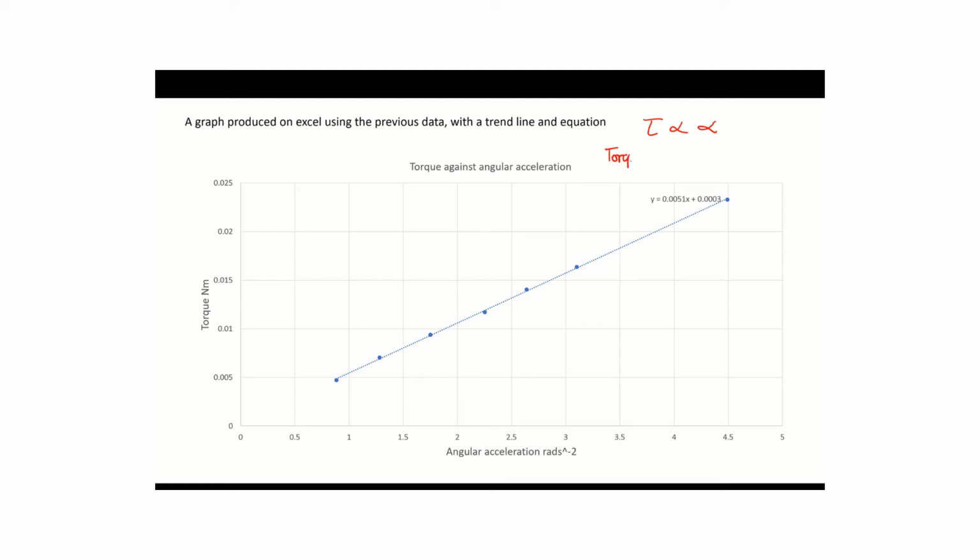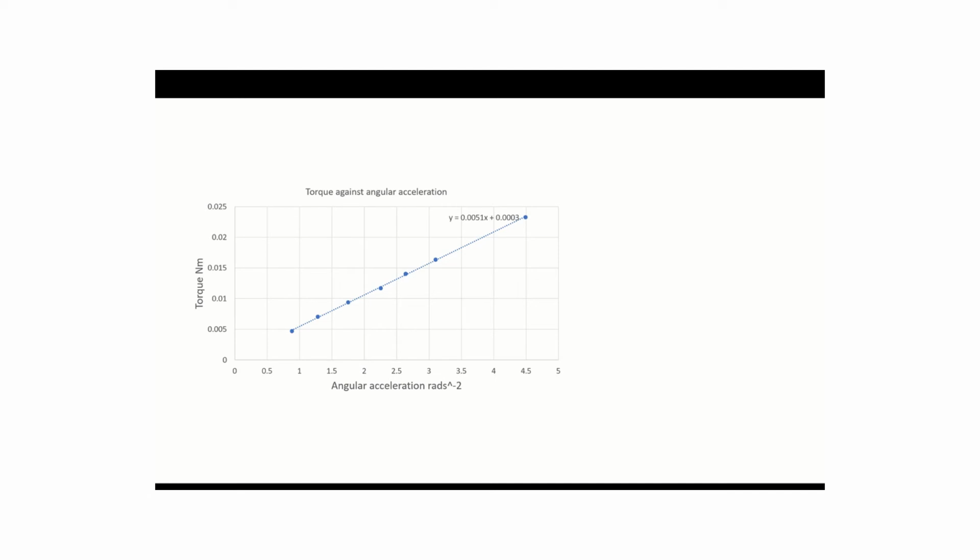Torque is proportional to angular acceleration. And we have a graph there. Let's just look at the detail of the graph a little bit more. If torque is proportional to angular acceleration, we can actually get an equation of the line.